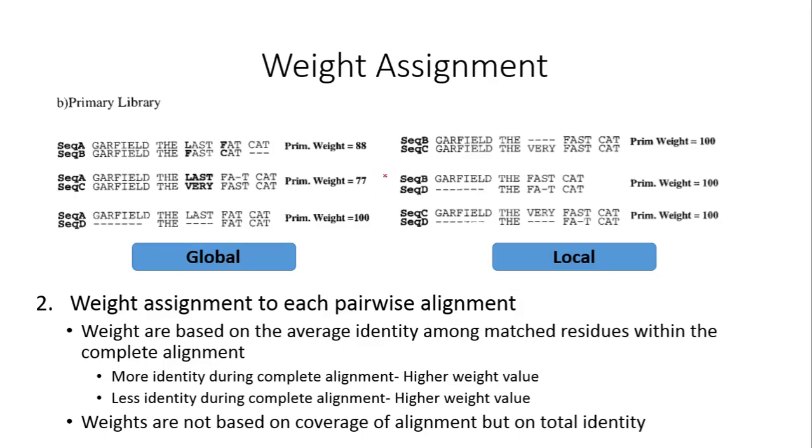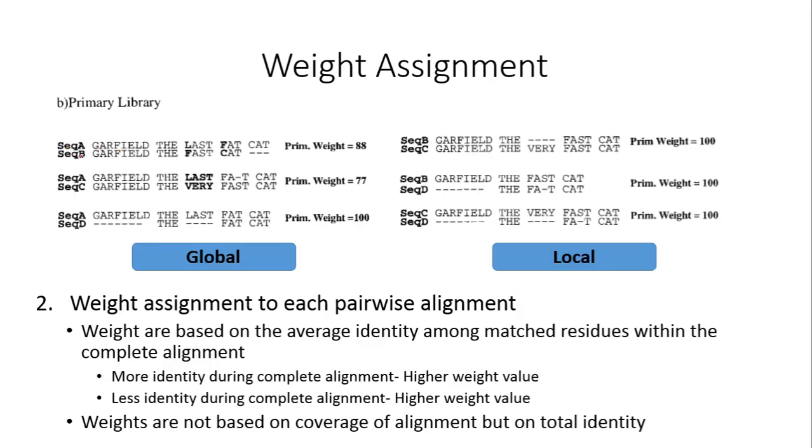Say you have four sequences: sequence A, sequence B, C and D. First you would generate a primary library by aligning these sequences separately. Align sequence A and B, sequence A and C, sequence A and D. And a primary weight would be assigned to these alignments.